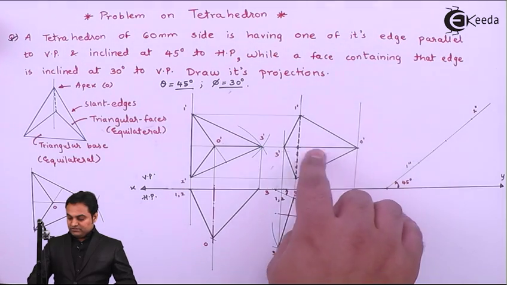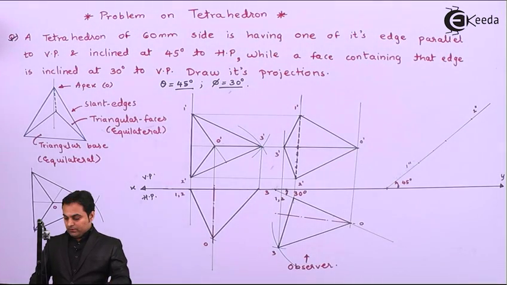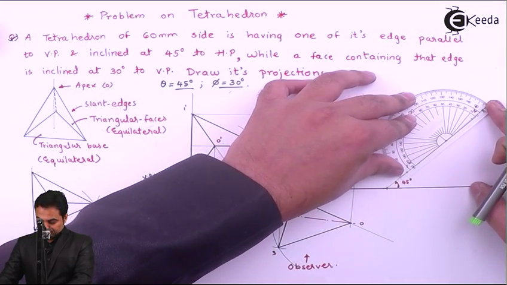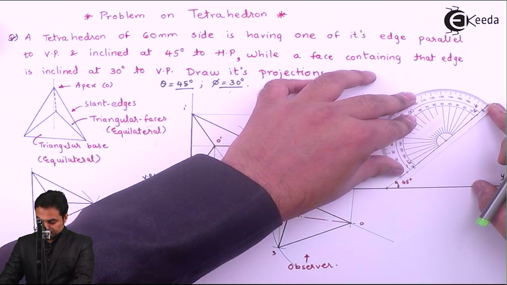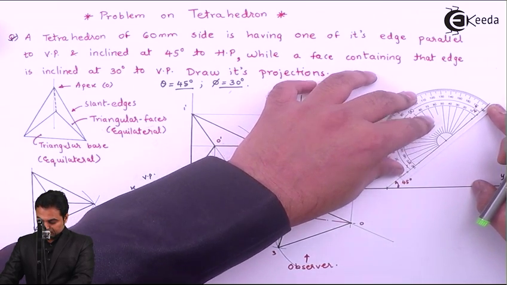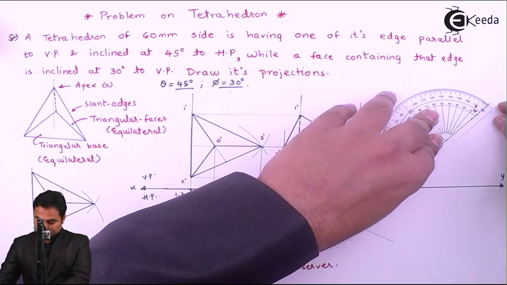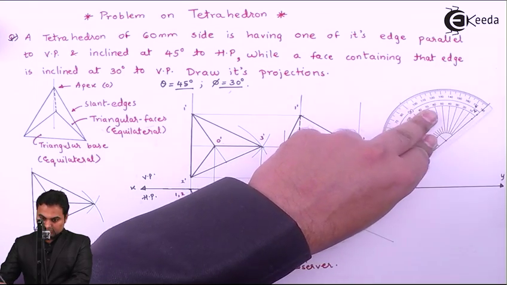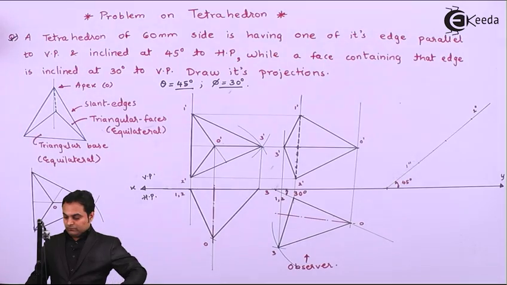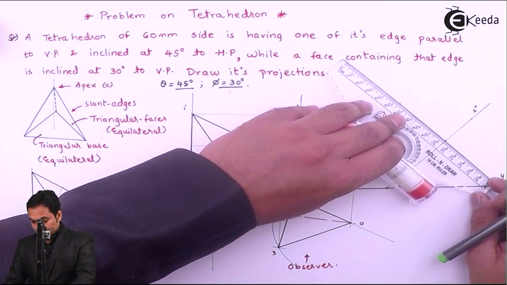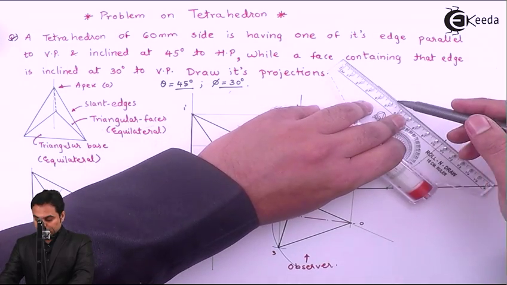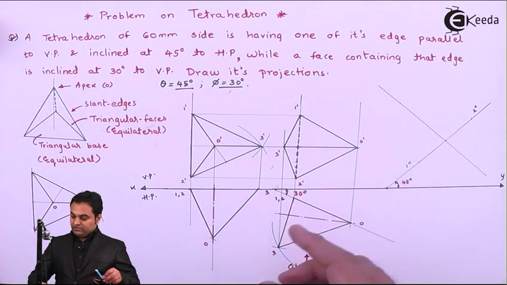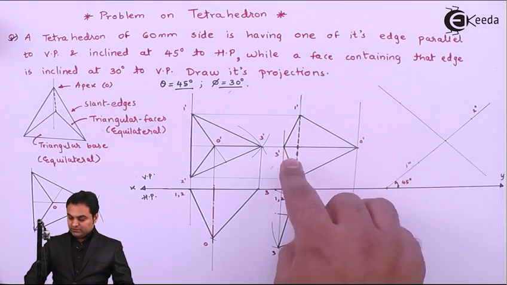Next, this line is perpendicular to 1 dash 2 dash, and for that marking 90° over it. Then measuring the distance from this edge 1 dash 2 dash up to point number 3.